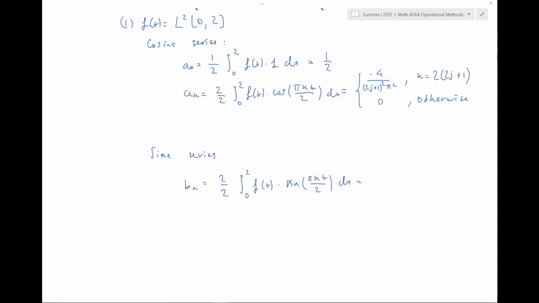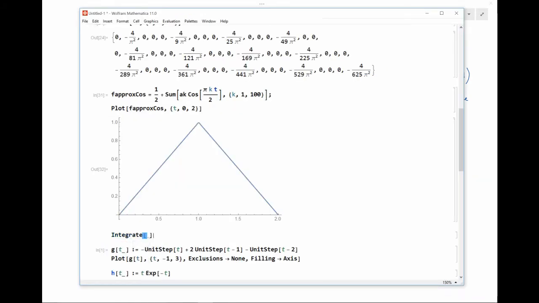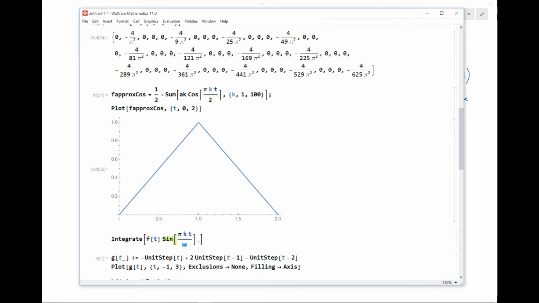So if we compute this integral, we'll compute the integral with sine pi kt over L, which was 2. We integrate in terms of t from 0 to 2.